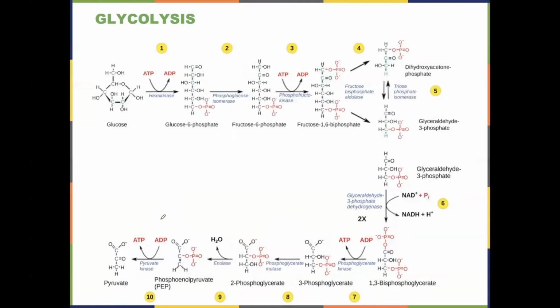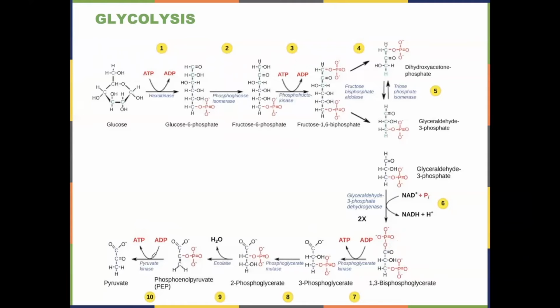So here's the overall pathway altogether again. So remember that this first half of it is what is called the energy investment phase, where we see glucose being split into these two 3-carbon molecules. And we also see the spending of a little bit of ATP. We actually have to use a little bit of ATP to get this process kick-started.